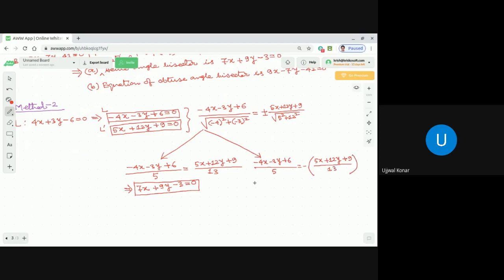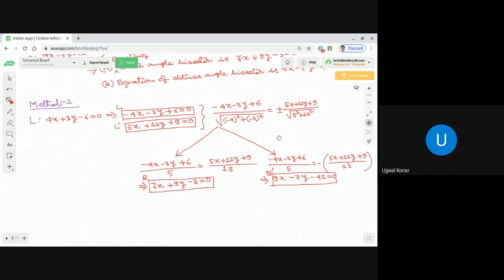Now, if we simplify further, I am not spending time in simplification, you will get 9x minus 7y minus 41 is equal to 0. So these are the two bisectors we are able to find. One name we give as B, the other as B dash. Now what we are going to find is which one between these two is the acute angle bisector and which is the obtuse angle bisector.